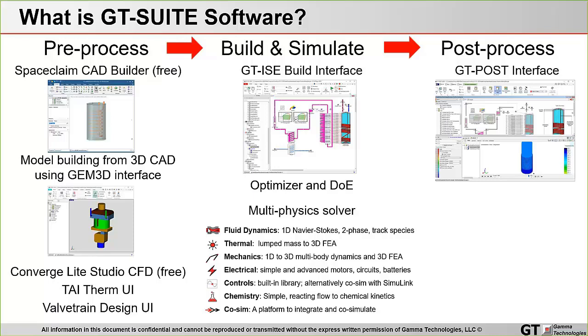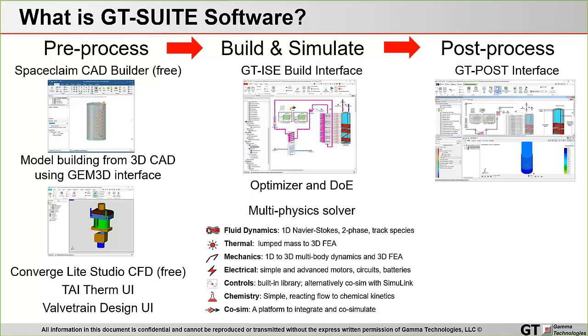Now, a lot of these models in GT Suite need to be controlled with some sort of controls algorithm, and that can be utilized either with our built-in library of controls or alternatively co-simulation with MathWorks Simulink or other controls software.